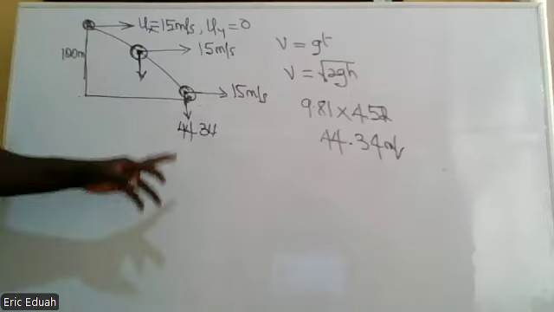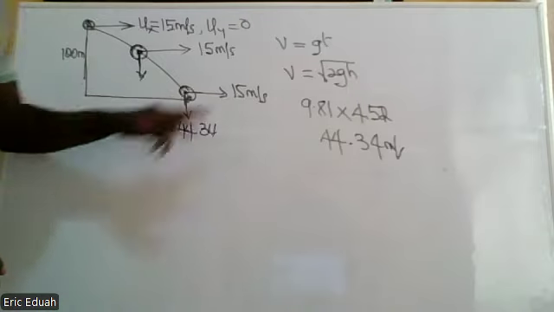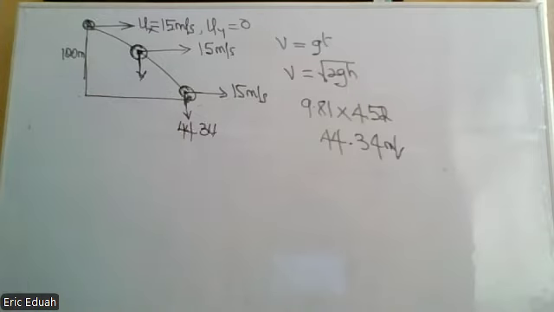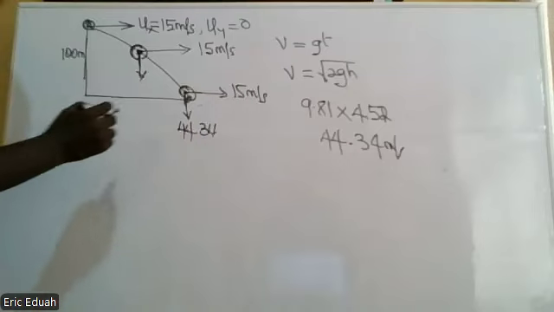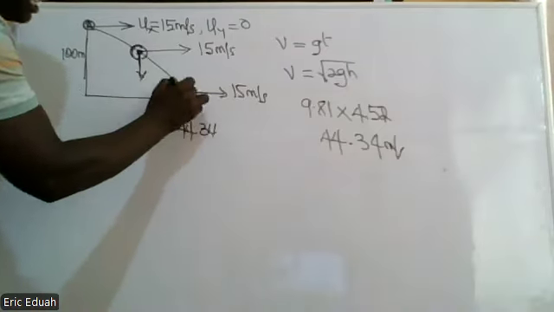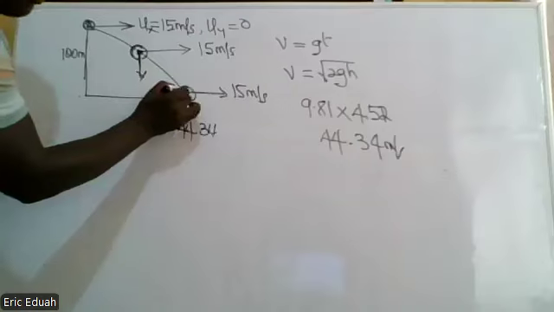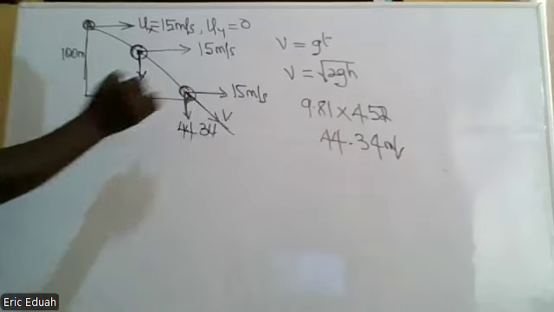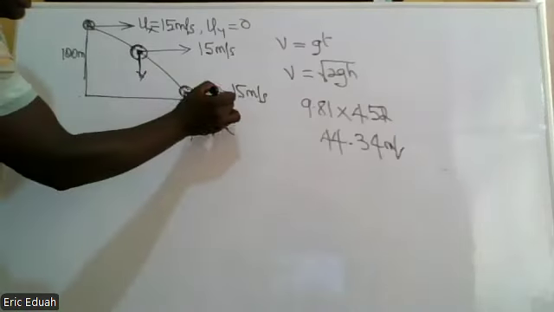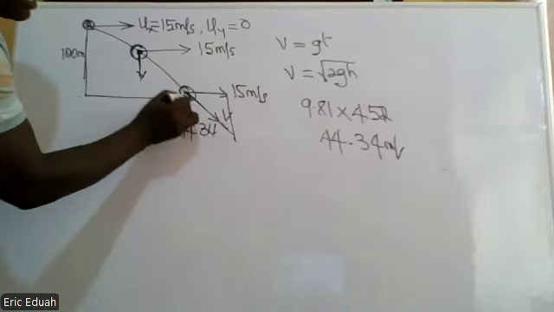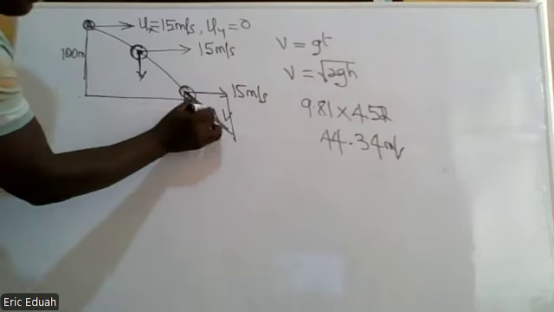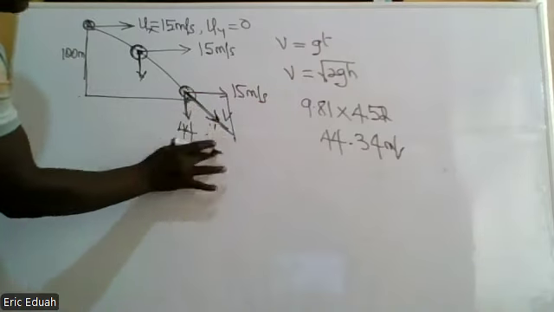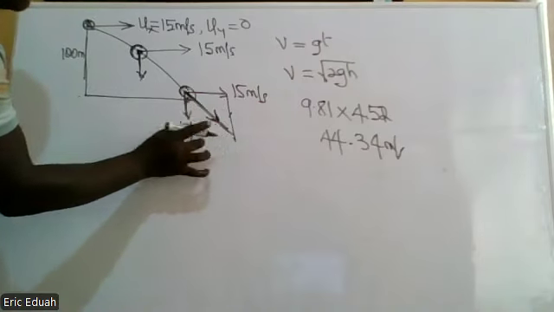So it must be the result of these two. That's why the question said resultant. And when two vectors act in this manner, the resultant vector will act along the diagonal. This will be the resultant, and you can determine it using Pythagoras theorem. The resultant V becomes the hypotenuse.